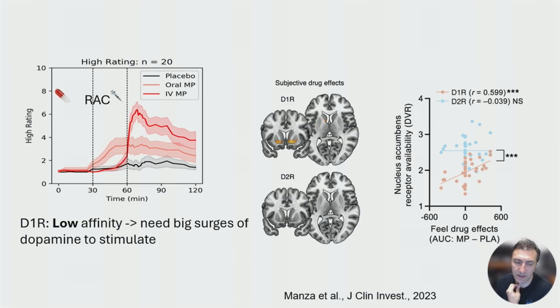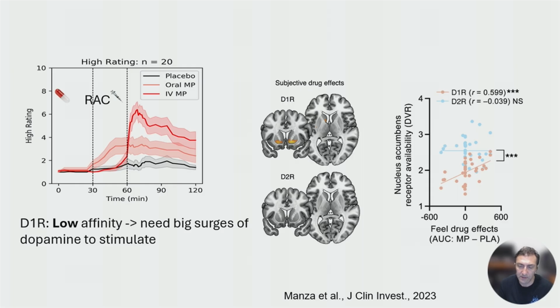He hypothesized that this might be related to D1 receptor densities, such that the low affinity of the D1 receptor compared to D2 receptors might need big surges of dopamine to stimulate, and that's why when people are stimulated, they are more likely to rate high due to the D1 receptor density and availability.